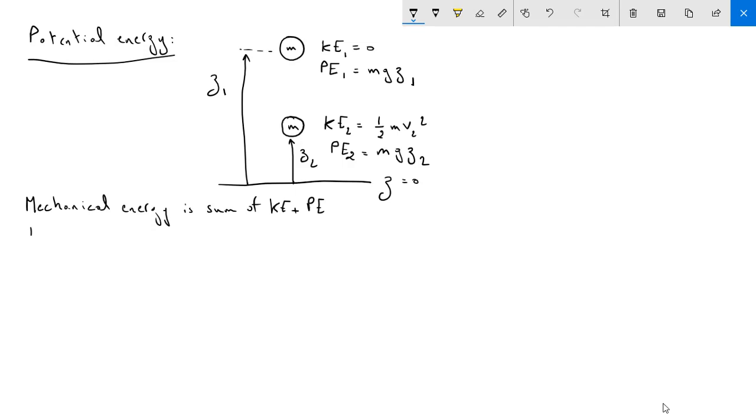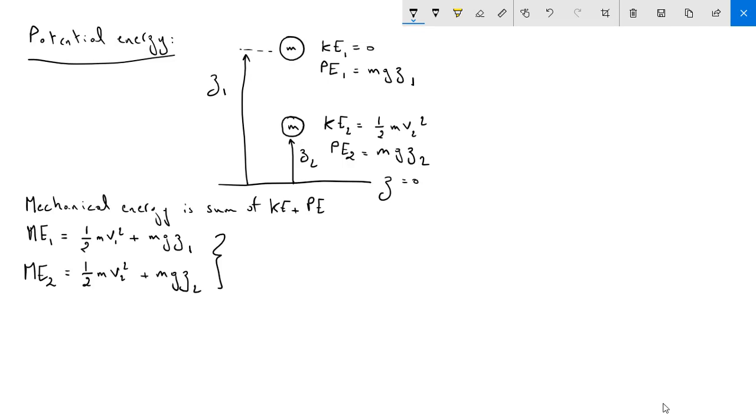So we can say that the mechanical energy at the first instant is half mv1 square plus mgz1, and the mechanical energy at instant 2 will be half mv2 square plus mgz2.